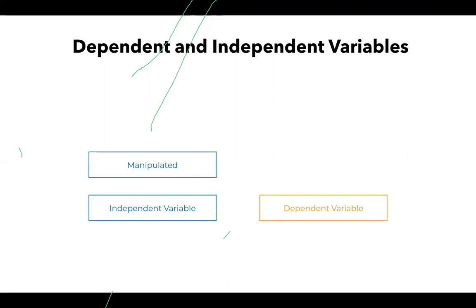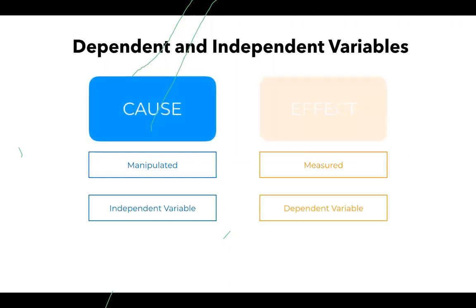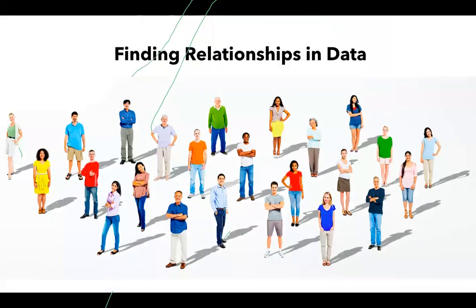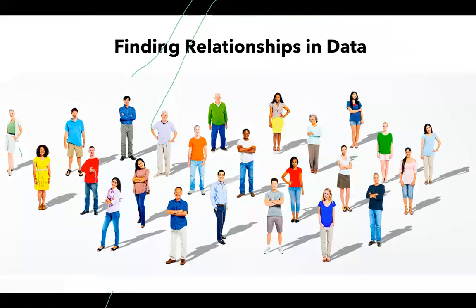The data we collect are the dependent variables. These variables represent the measurement we take of the condition in the experiment. Oftentimes we would like to establish a relationship between a change in the independent variable and the measured dependent variable. All I'm talking about here is just finding relationships in data.